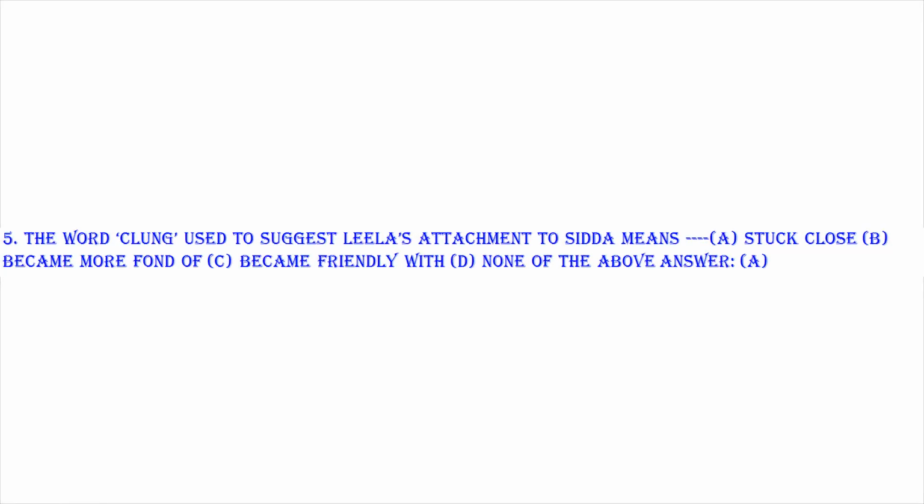In nature, the stories told by Siddha to Leela were: A. Ordinary, B. Natural, C. Unusual, D. Incomparable. Answer, D. 5. The word clung used to suggest Leela's attachment to Siddha means: A. Stuck close, B. Became more fond of, C. Became friendly with, D. None of the above. Answer, A.